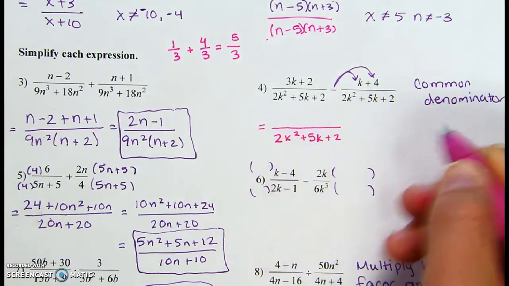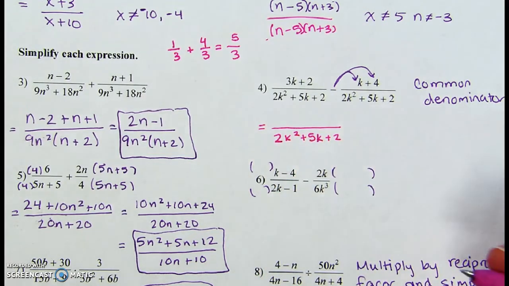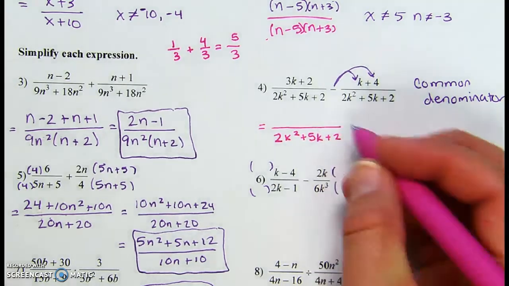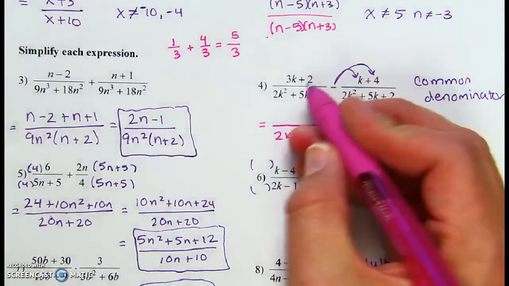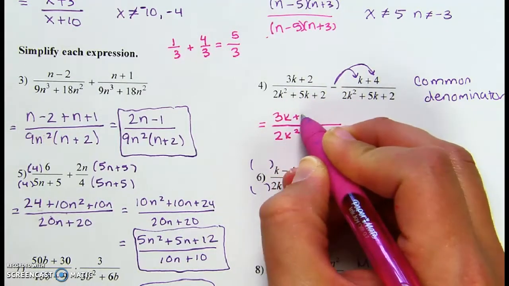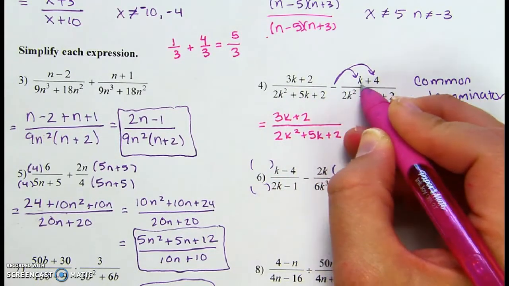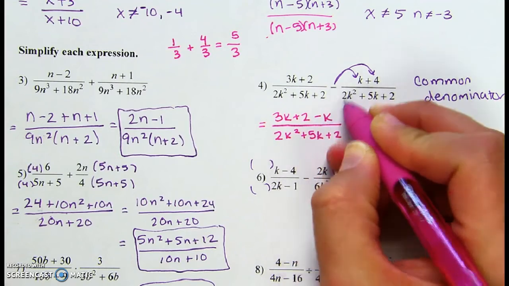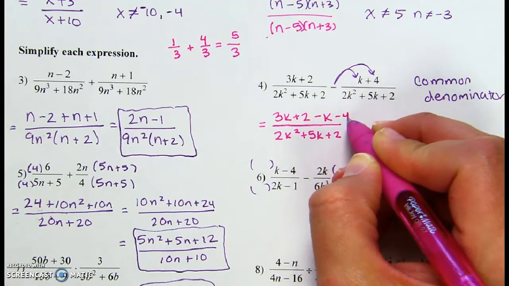I don't need to write two fractions. That would be redundant. Do you know what the word redundant means? Useless. Okay, 3k plus 2, nothing happens to that. But then I'm subtracting k, and I'm subtracting 4.